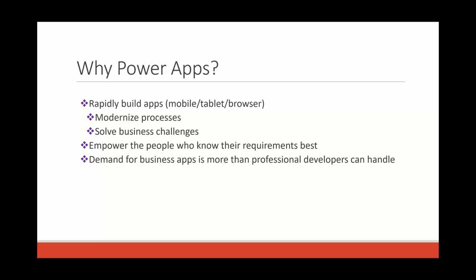A lot of times that's called citizen developers, the people who are developing apps or workflows in the case of Power Automate, who aren't trained as developers, but are able to, with these tools, develop some things on their own, or at least get pretty darn far with them.